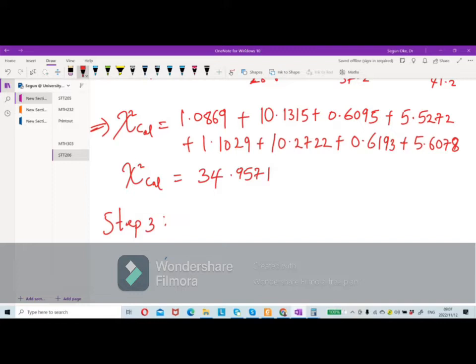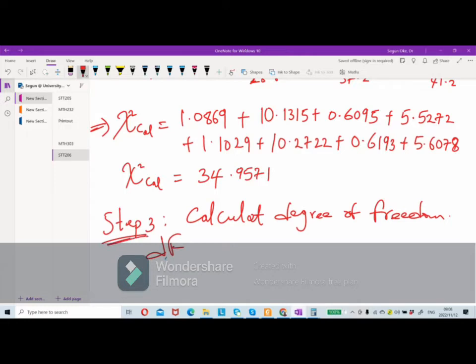Now let's look at the tabulated one on our table. I believe you still have your table with you. Yes, sir. So in this case, let's calculate the degree of freedom. For degree of freedom, we call it DF.